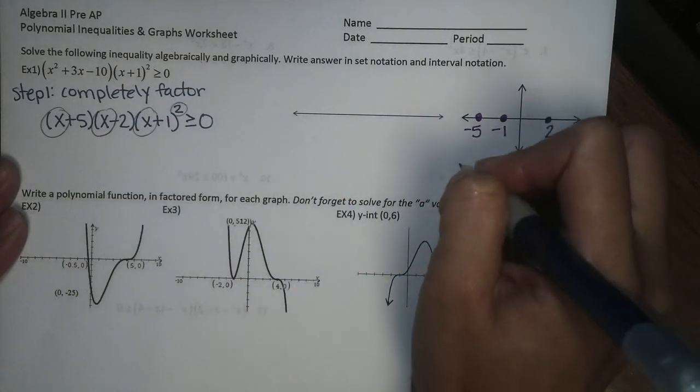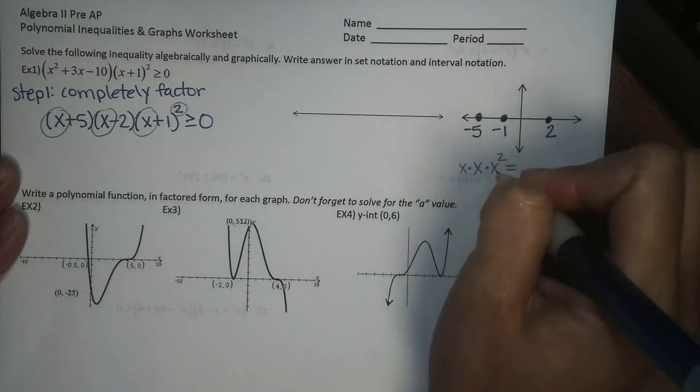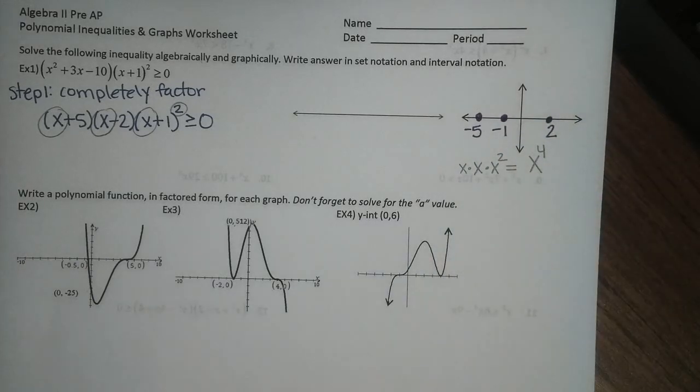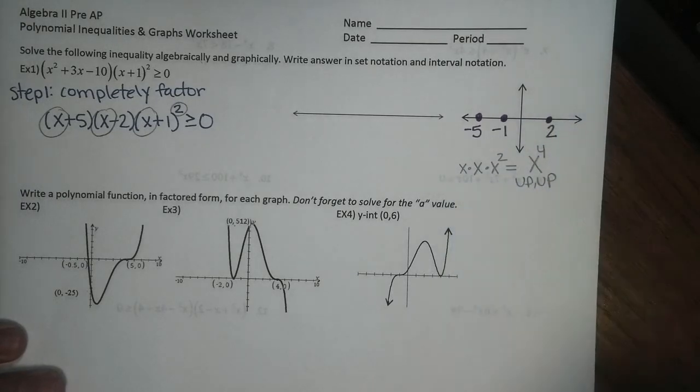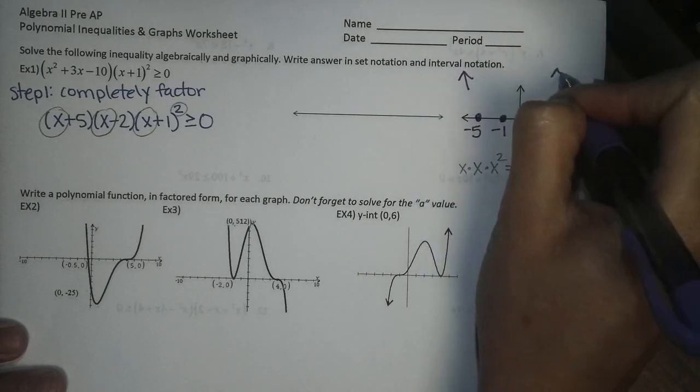If I do x times an x squared, that's a positive x to the 4th. The end behavior for positive leading coefficients that have an even degree is called up, up. So let me draw that end behavior. Up, up.